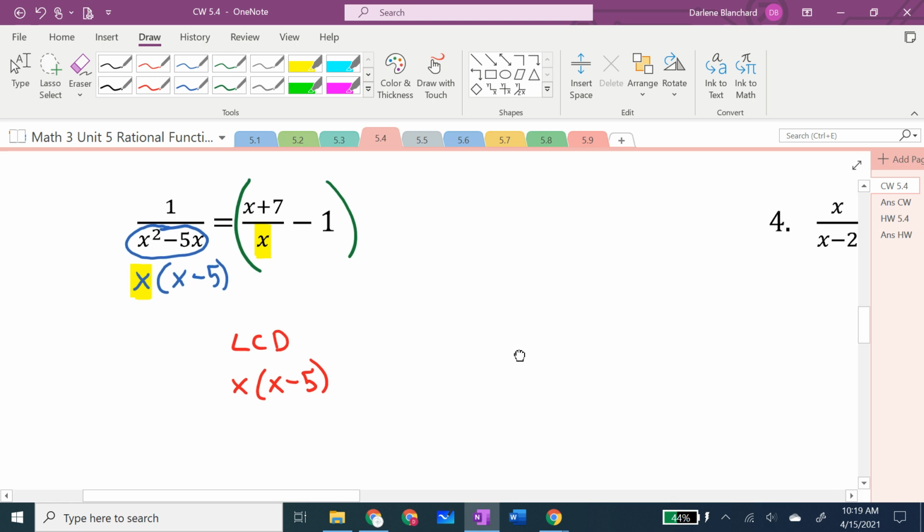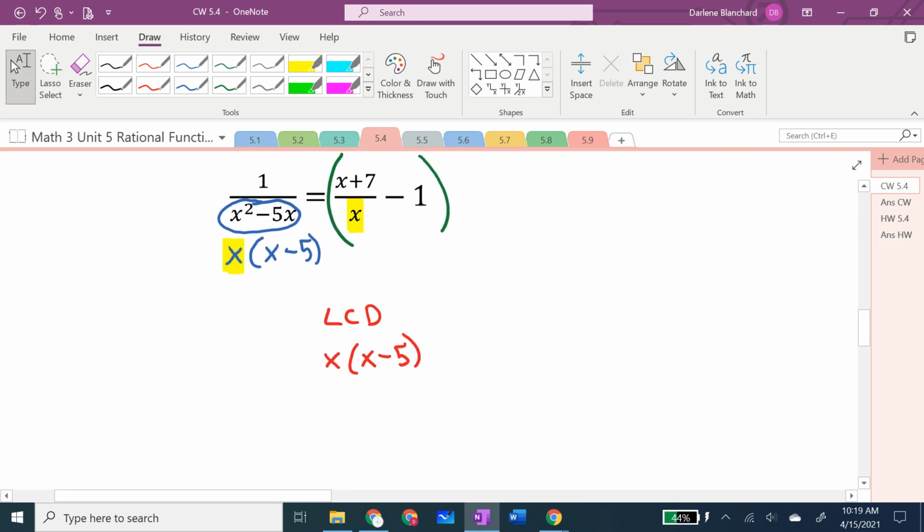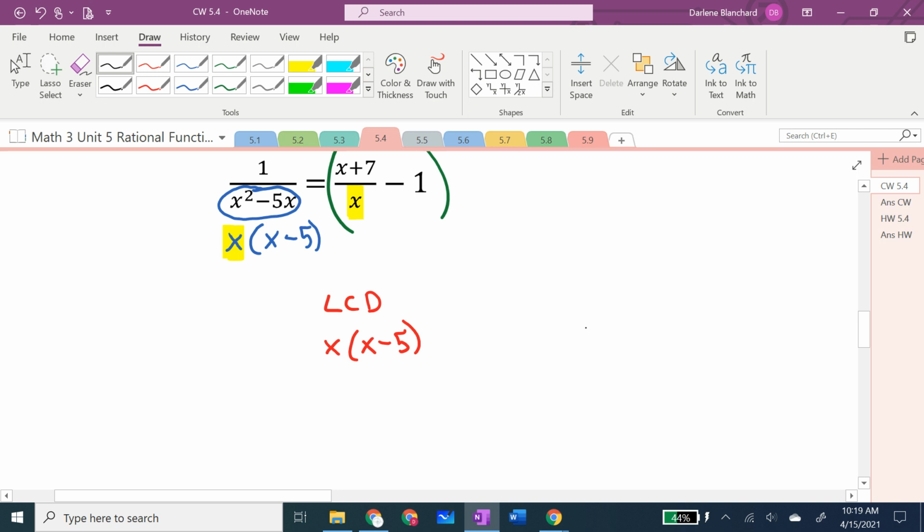So I'm going to rewrite this because this is a bit much. 1 over x times x minus 5, x plus 7 over x, and then minus 1.